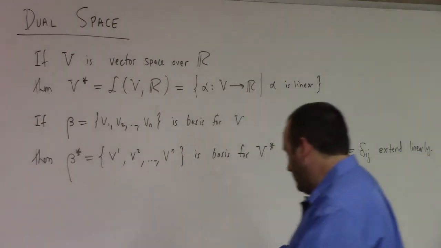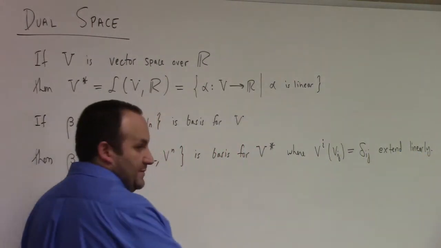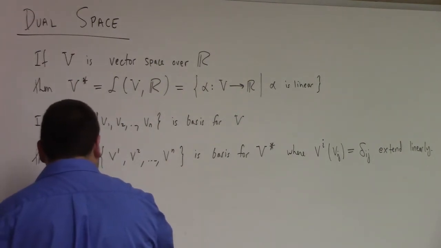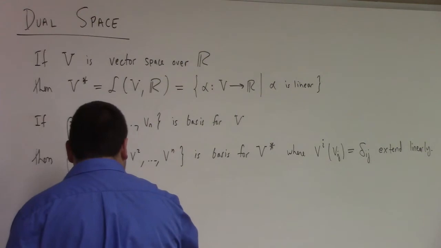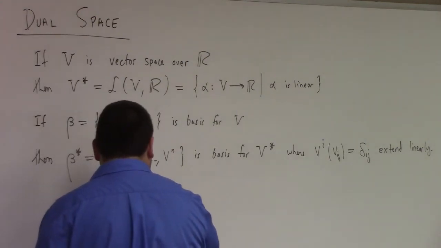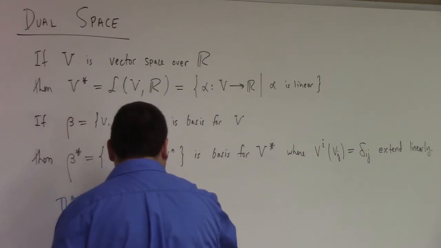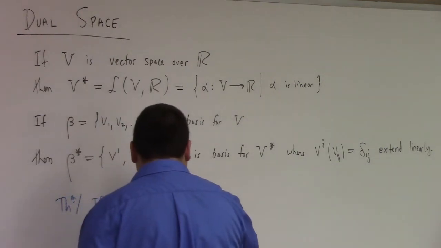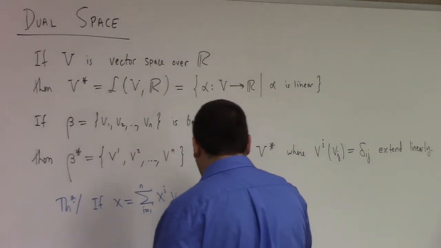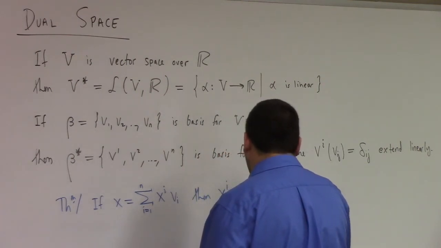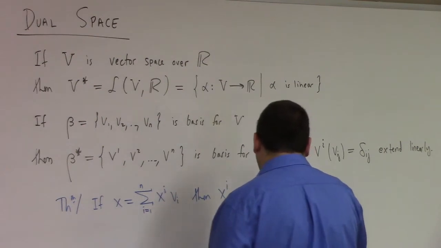So what does a dual basis have to do with components? Little theorem. If we have x equal to the sum, i equals 1 to n, of x upper i v lower i, then x upper i is equal to v upper i of x for each i.